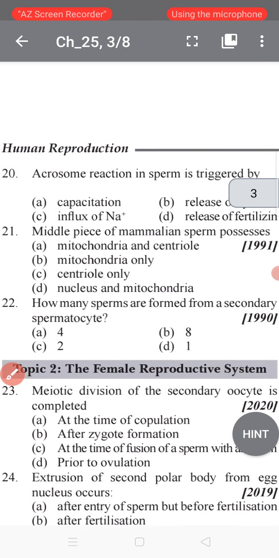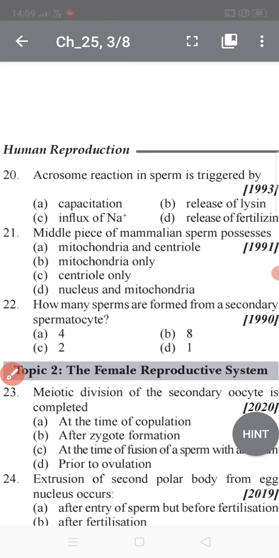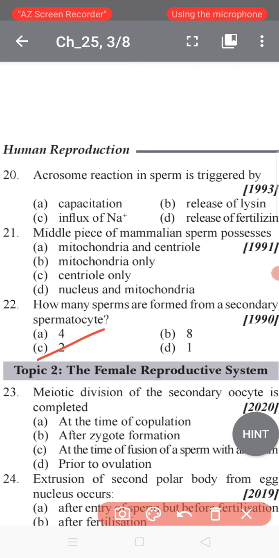Now question 22: how many sperms are formed from a secondary spermatocyte? Tell me. Basically two, and we can explain it very easily.